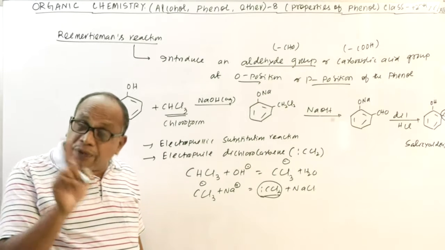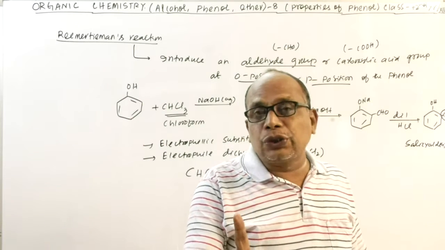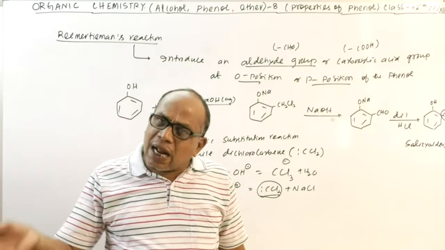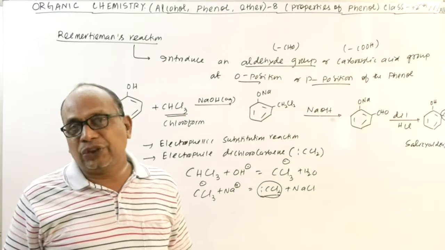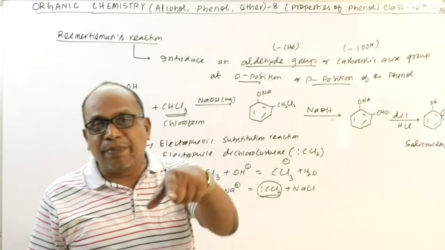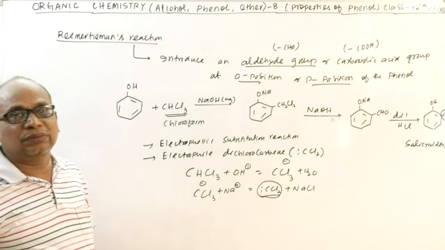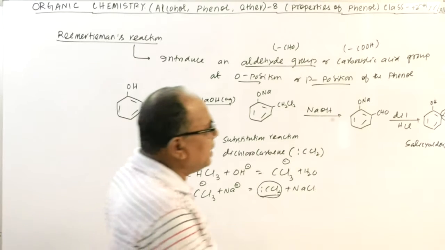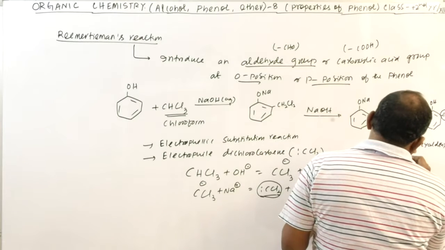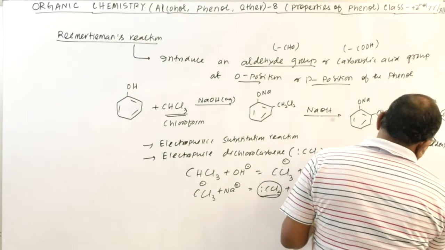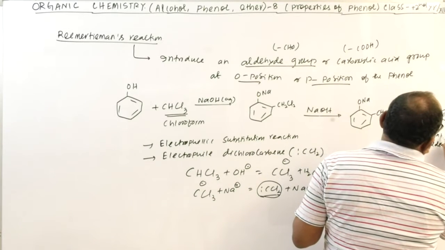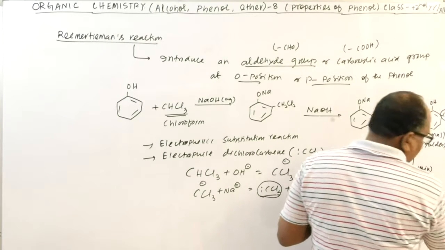Okay, students, if the ortho position is blocked, suppose you take an ortho-substituted phenol, that can also undergo the Reimer-Tiemann reaction. The CHO group is substituted at the para position. Make no doubt, this is the product, and there is another product also, that is ortho-hydroxy benzaldehyde, and this is the major product. This may be the minor product.